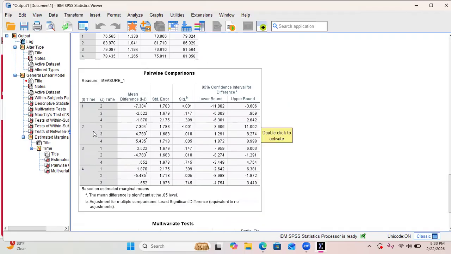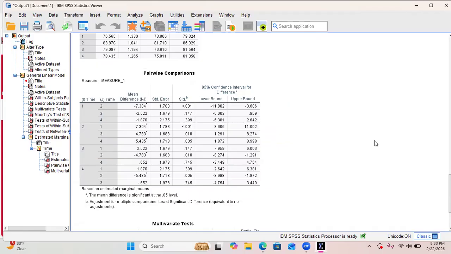There is a significant difference between the 5-minute mark and the 1 hour mark, and there is a significant difference between the 5-minute mark and the 4 hour mark. Last, there is no significant difference between the 1 hour mark and the 4 hour mark.